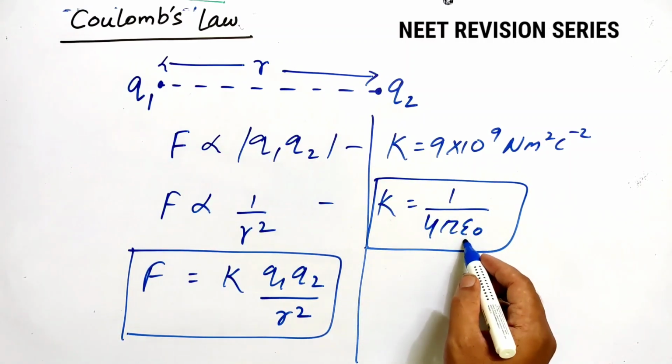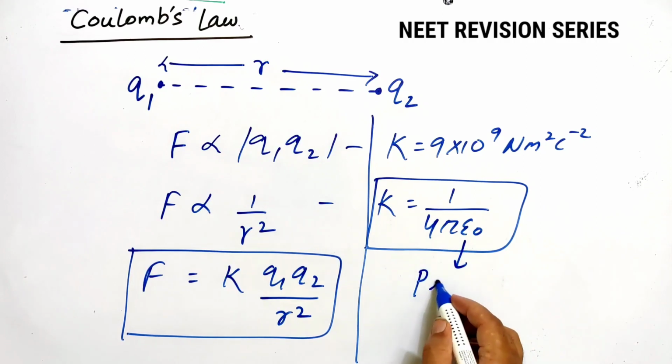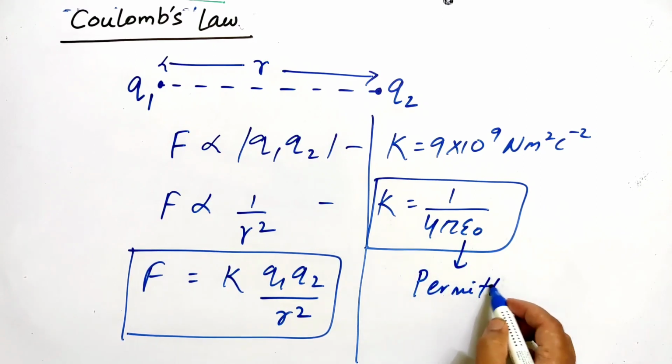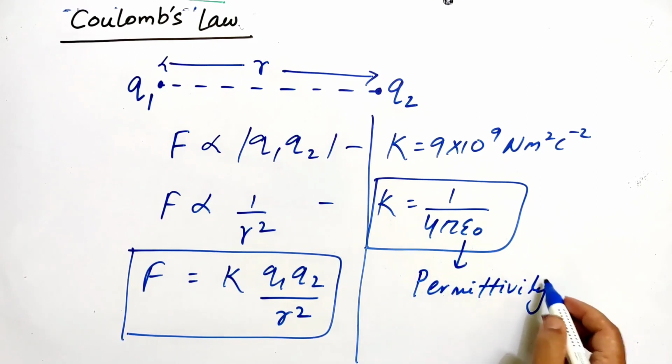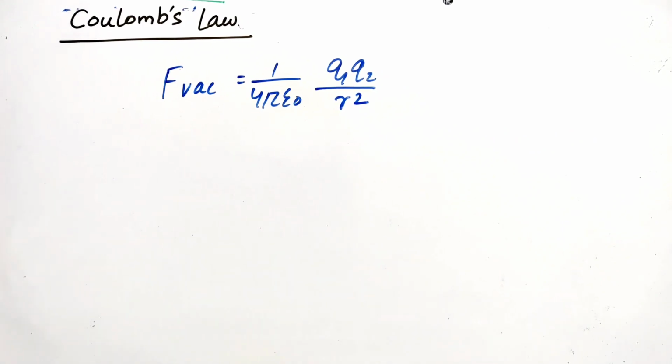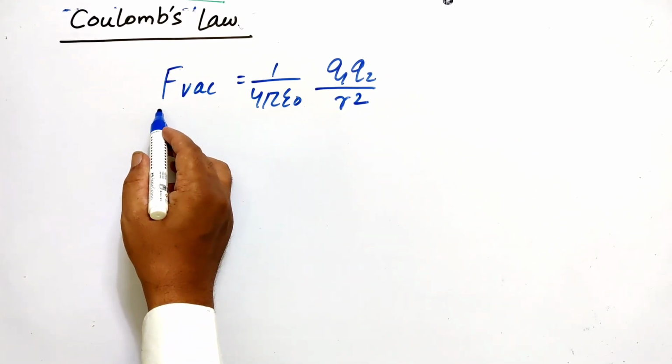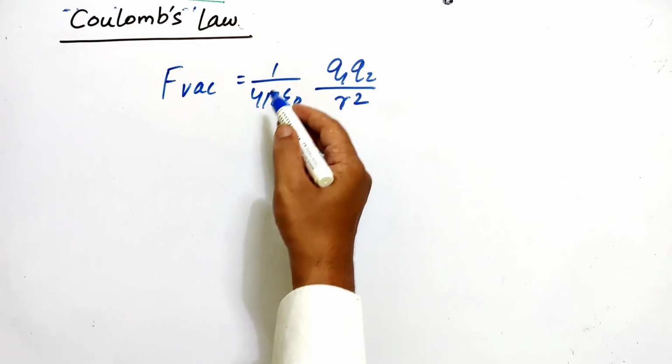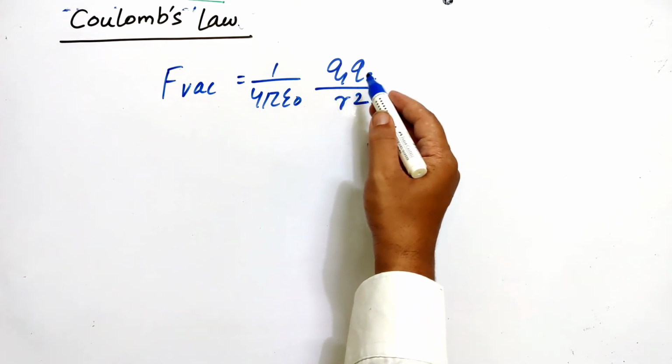Here epsilon naught is the permittivity of vacuum, since we have considered the vacuum medium. Now we will discuss what permittivity is. So the force in vacuum medium is 1 by 4 pi epsilon naught into Q1 into Q2 upon r square.